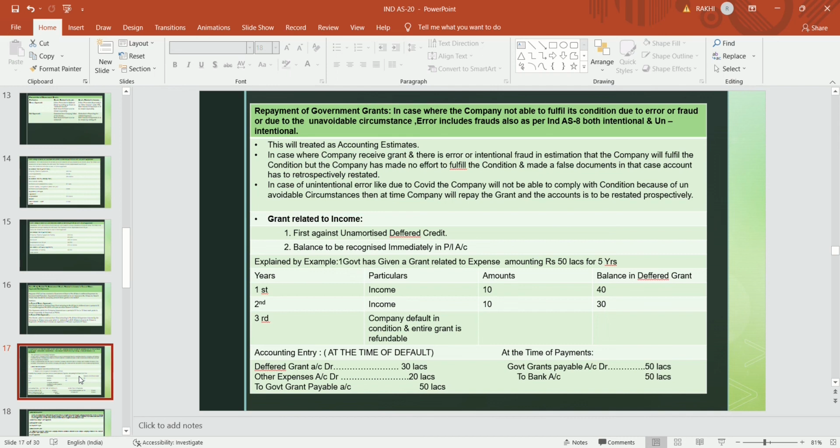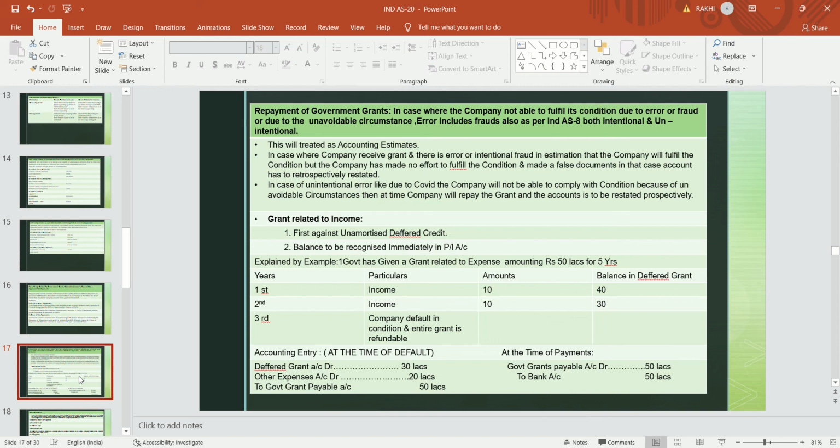But if the company has submitted wrong documents, has willfully defaulted in fulfilling the condition, made no effort to fulfill the condition, and has taken the grant by giving false documents to the government, in that case they have to restate the financials and pay the grant back to the government.